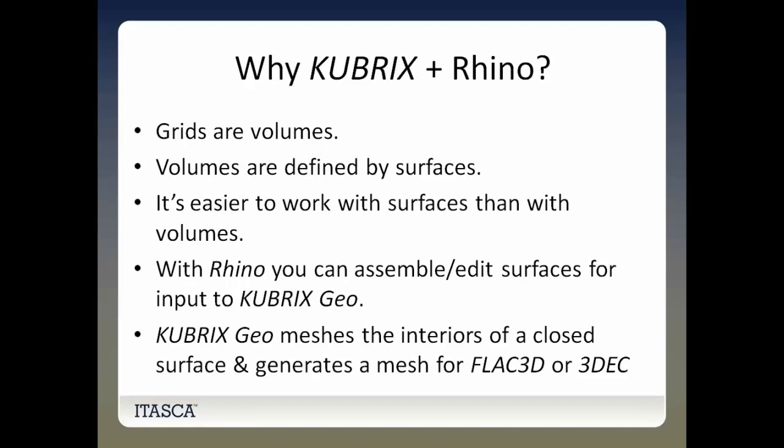So why Kubrix with Rhino? Because grids are volumes. Volumes are defined by surfaces. It's easier to work with surfaces than with volume. So in Rhino, you import your geometries in various shapes, triangulated surfaces, wireframe lines from DXF, contour lines, all sorts of means, points, or you even construct your geometry within Rhino.